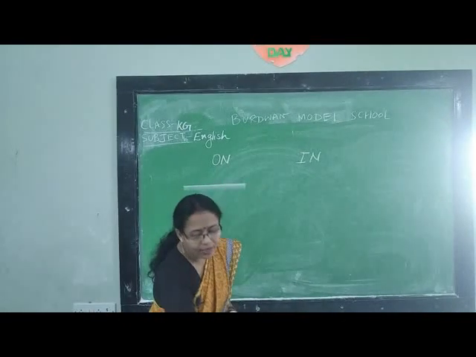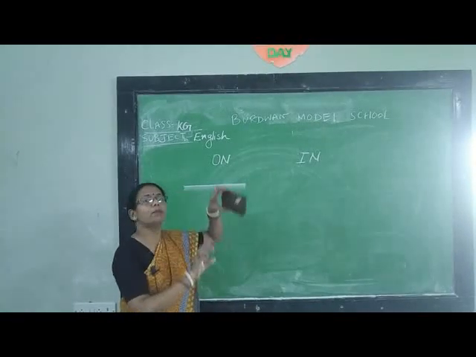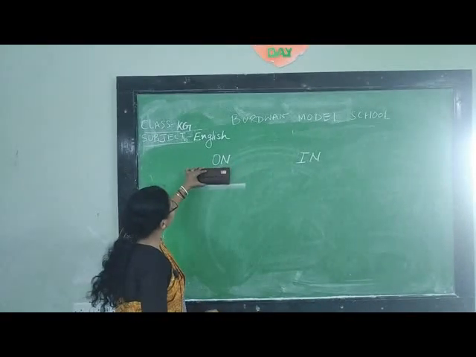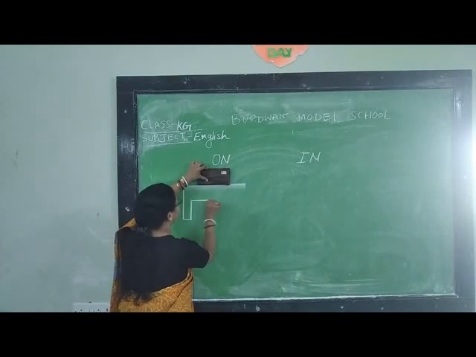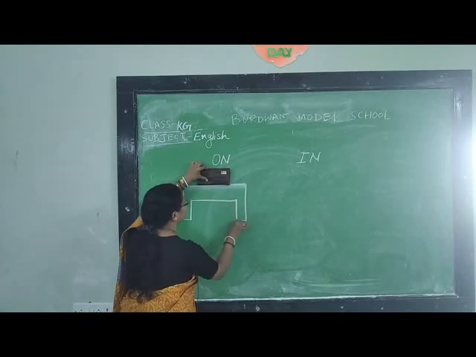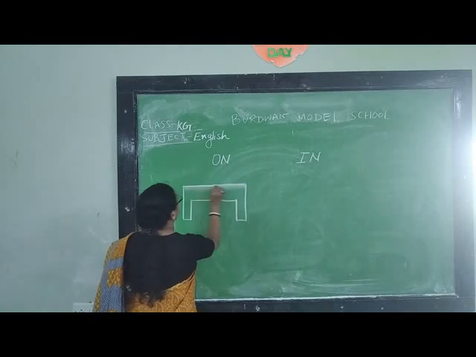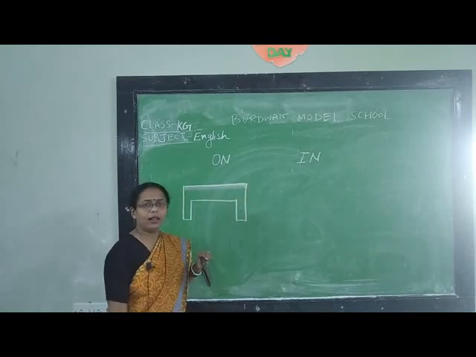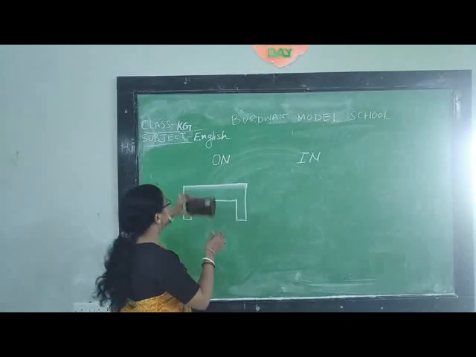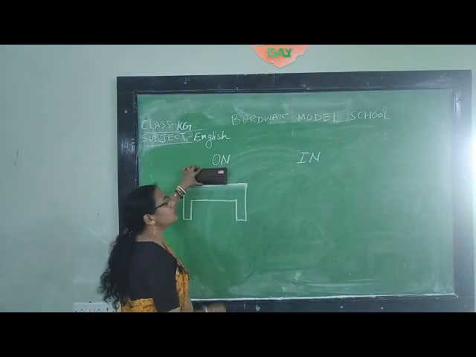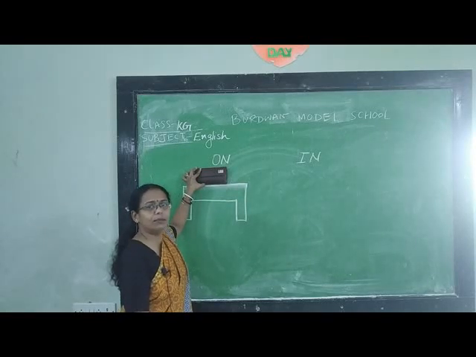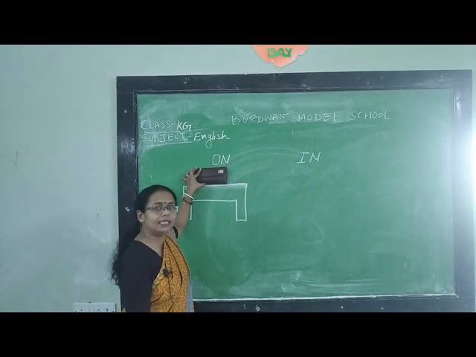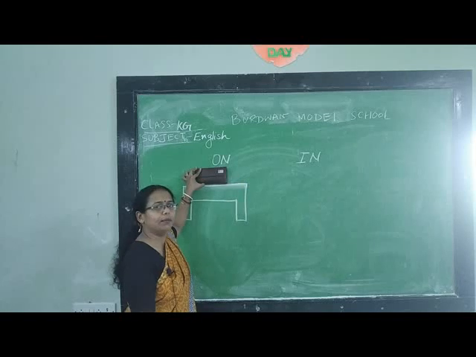If I am keeping this purse over here, and I am drawing it as a table, imagine this is a table and I have kept it here. So the purse is on the table.